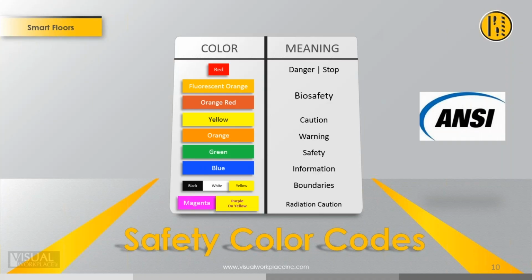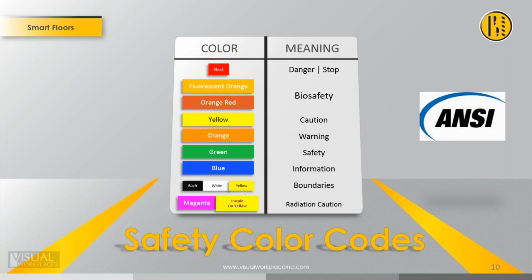We want to keep things as simple as possible, because I've been in facilities where their color coding is so complicated, nobody knows what to do, and it becomes paralyzing. What you really want to focus on is recognizing that we have standards for safety color coding, and we can utilize color coding at a process level for reinforcing standards. Those two things can happen simultaneously in the same facility.